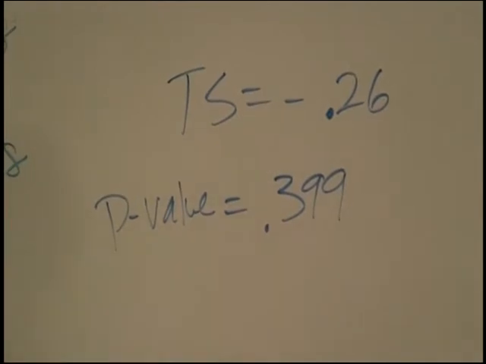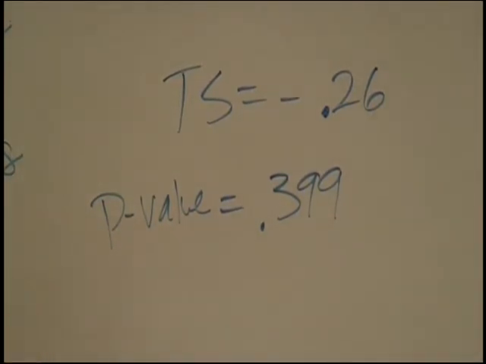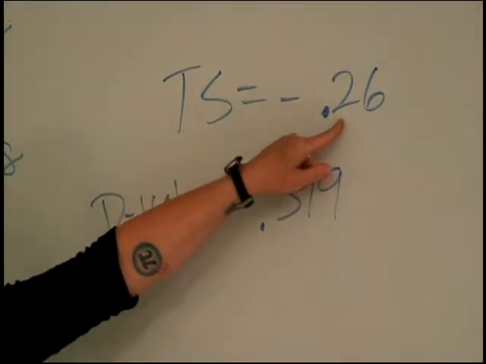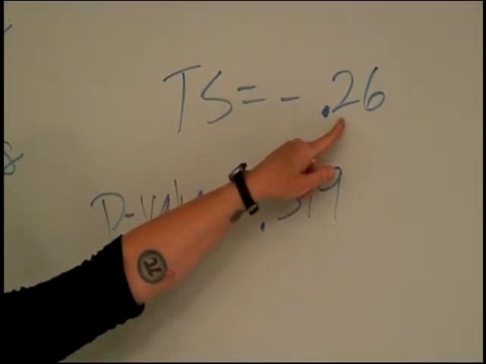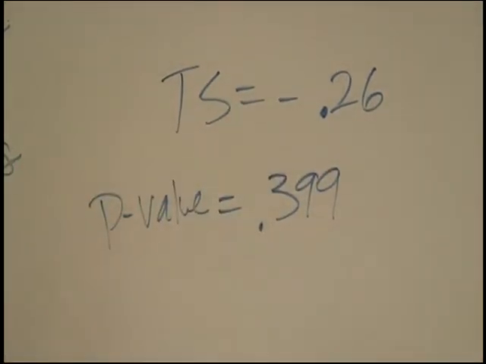When the p-value is bigger than alpha, what happens? You don't reject. And think about it. The sample value is like a quarter of a standard deviation away from the hypothesized mean. It's way close. So you're not going to call this significantly less, right?